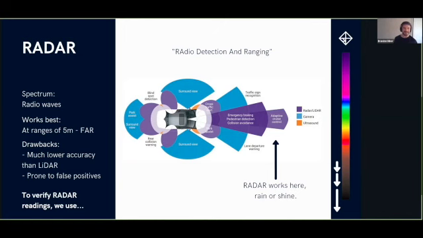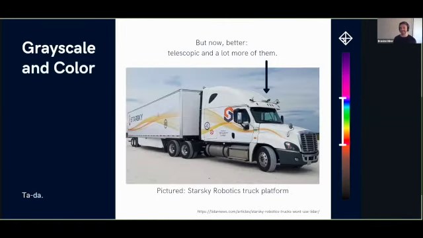The answer, in some cases, is grayscale and color. Going full circle. Because even though we've gone through all the compensation mechanisms, grayscale and color have no range requirement. You see exactly as a human does, which is way outside the range of radar. So you're fully compensating for these spectrum differences.